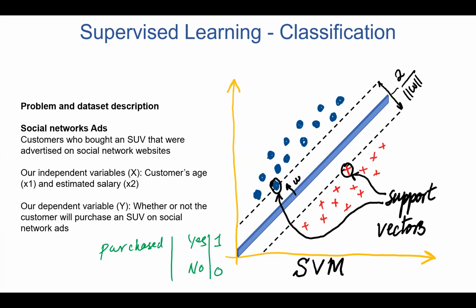Because if you know this information, this can be very important for the company. If the customer is not going to purchase that SUV, you can build a recommendation system and say some really nice things about the SUV, that it's going to save you money and it's really good on mileage, and so on.